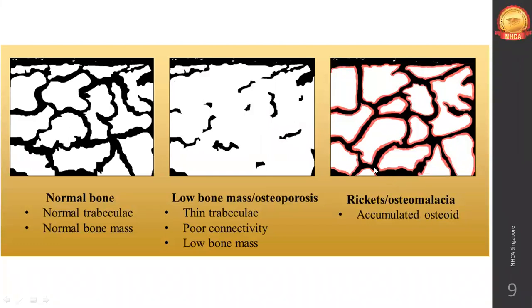You have this red color border here and there; these are the osteoid tissue. You have immature bone cells lining the entire area of the bone. It is not growing, it is not maturing, it is not forming itself into bone tissue which can undergo mineralization. So that's the difference between osteoporosis and osteomalacia.